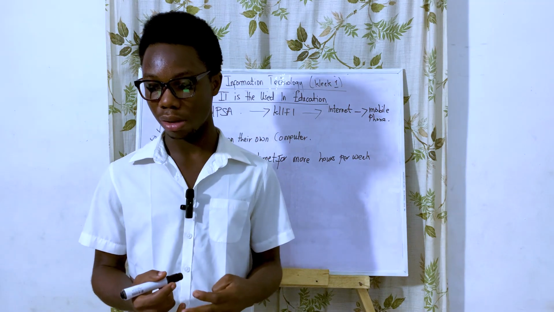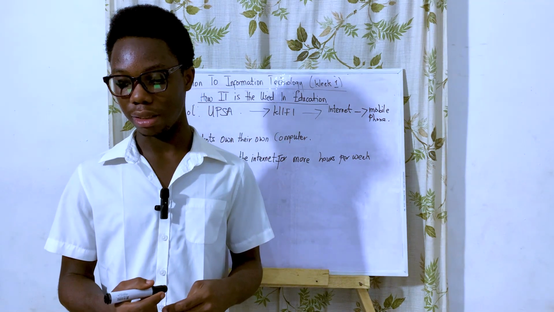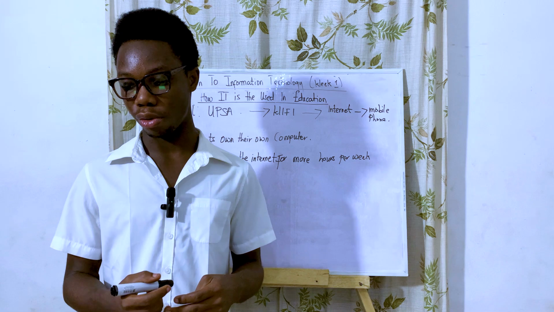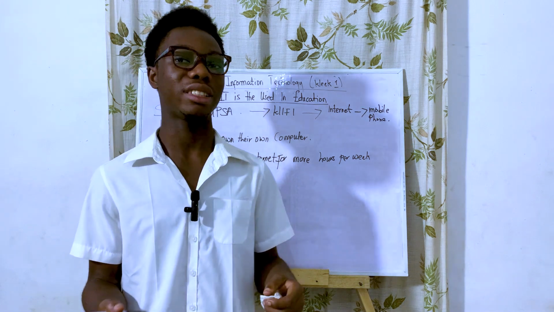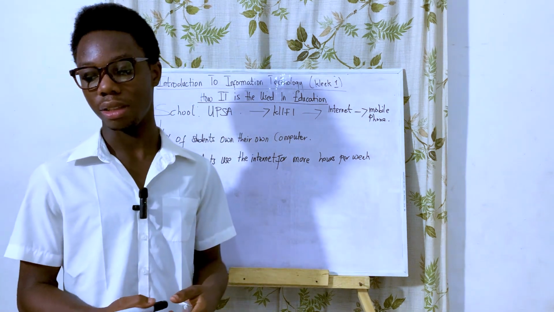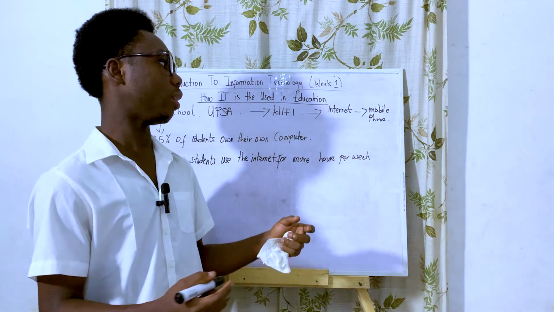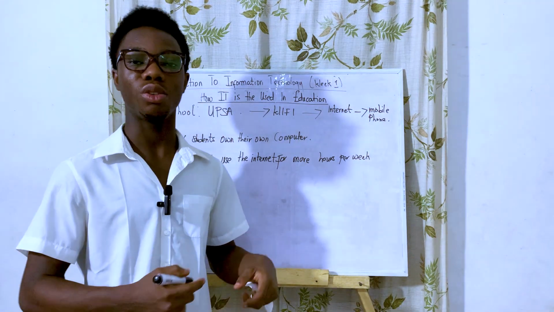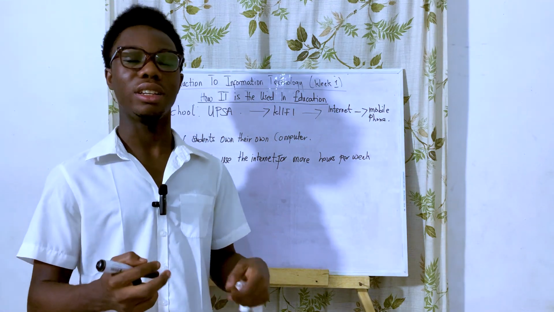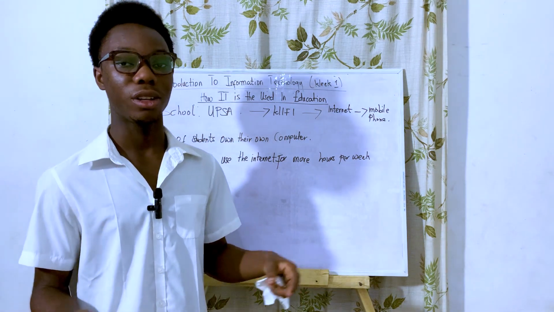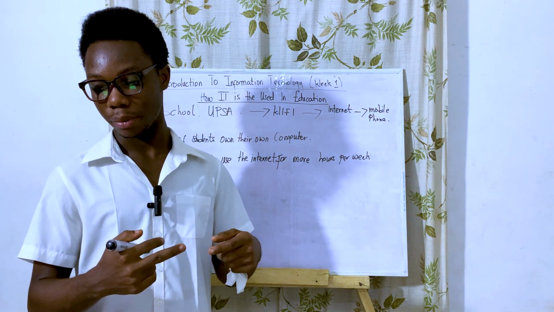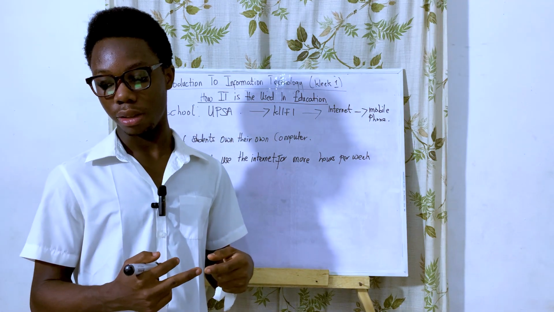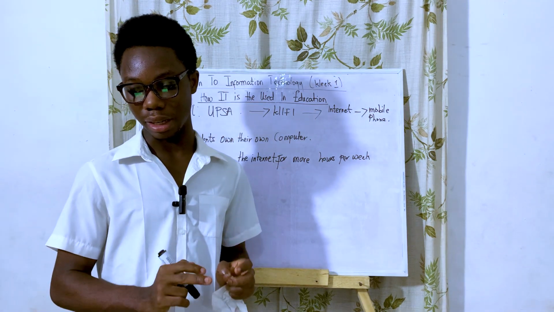Reduce the teacher's workload per student so that the teacher can spend more time on reaching individual students. So as I said, we use the internet for our assignments, group works, and other academic works. This reduces the workload of the student. This reduces the workload of the teacher.